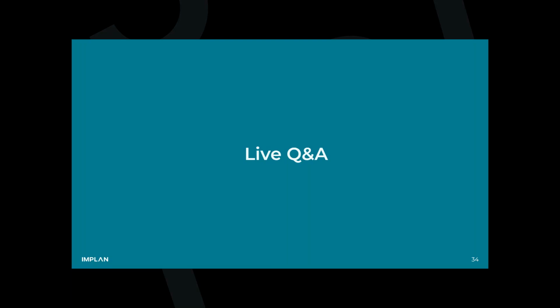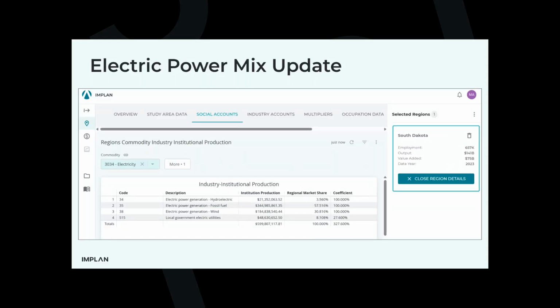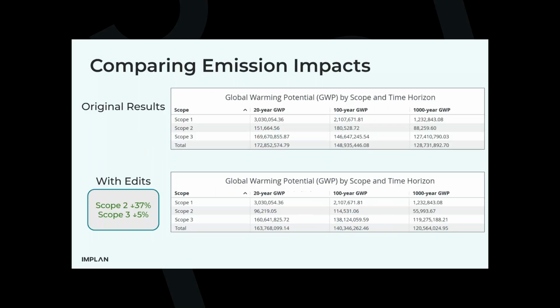Great. Julian is having trouble unmuting as well, but his question is, if there's a case where IMPLAN just analyzed a case before, whether the totals change or just the allocations among the totals. Our first example, I think, is what that question is about, where in the comparison the totals did actually change. Our scope 1 stayed exactly the same because we're still modeling that $1 billion of data center activity per year, but scope 2 went down 37% and scope 3 went down 5%.